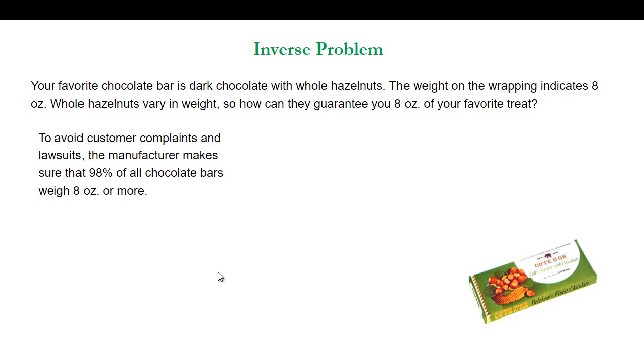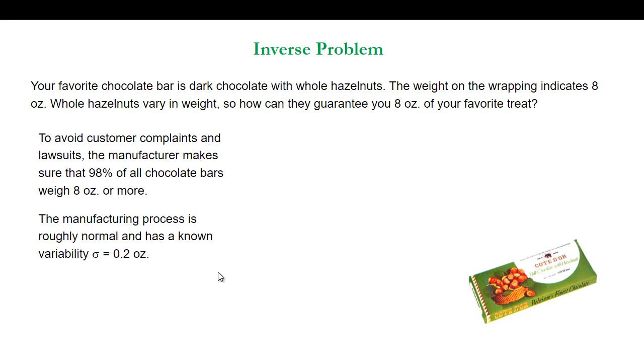To avoid customer complaints and lawsuits, the manufacturer makes sure that 98% of all chocolate bars weigh 8 ounces or more. So 98% of all chocolate bars must weigh 8 ounces or more. The manufacturing process is such that the distribution of weight is normal, and the standard deviation is 0.2 ounce.